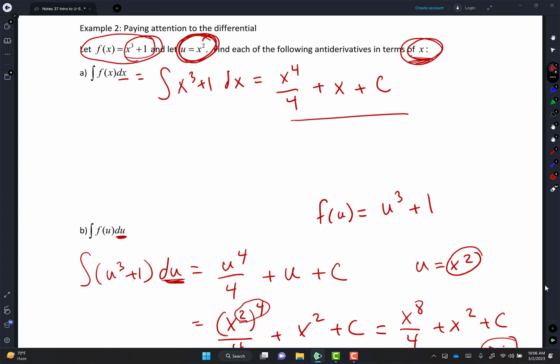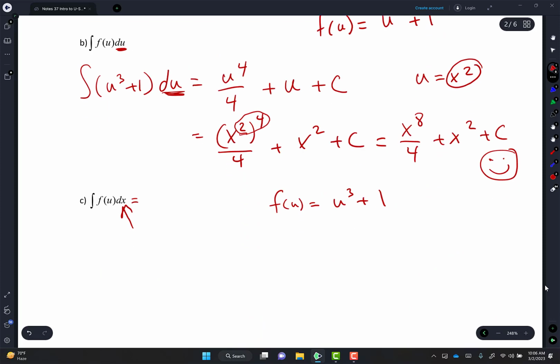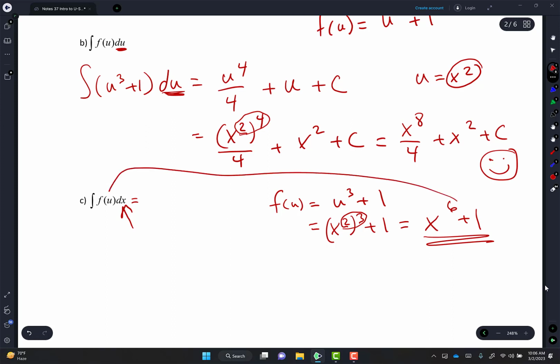Yes or no? So that's what I'm going to plug in for this u here. So this is x squared to the 3rd plus 1, which equals x to the, what's 2 times 3? 6 plus 1. This is my f of u statement right here in terms of x.